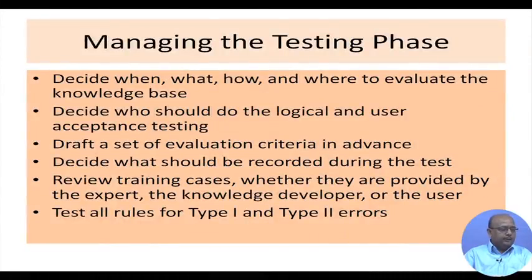The next point is you have to identify a set of criteria in advance. So, what could be the criteria? As I already talked about it, the criteria may be related to either the knowledge content that is created or its functionality. Okay. When I am talking about the verification of the knowledge, it includes certain aspects.